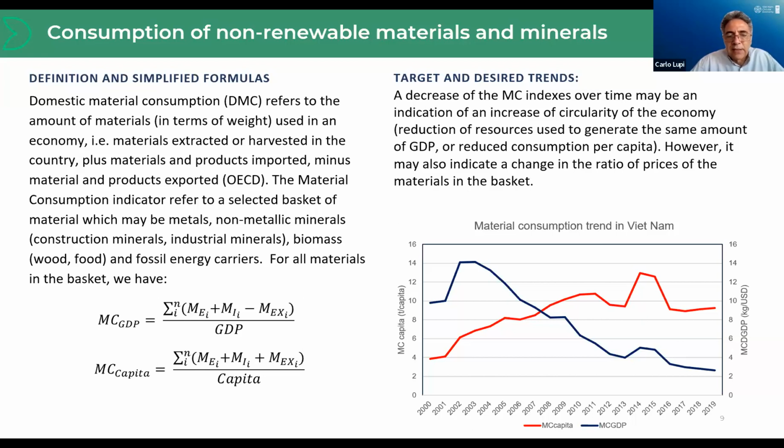If we look at the overall consumption of material per GDP unit in the last 20 years, we may see that apparently there was a decrease in that consumption. So less material is required to generate one GDP unit. But if we look at the amount, the red line, of material used per capita, we may see quite a steep increase of this in the last year.